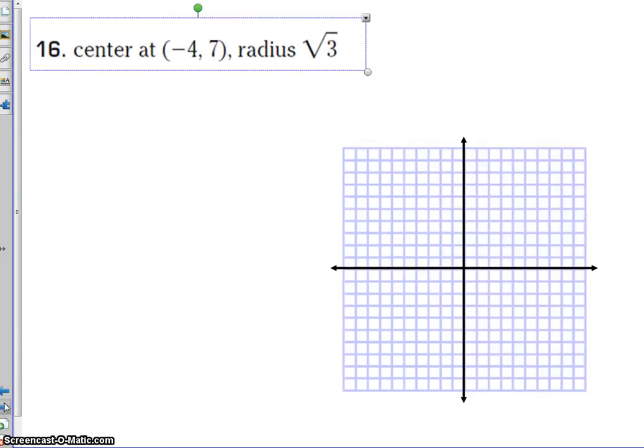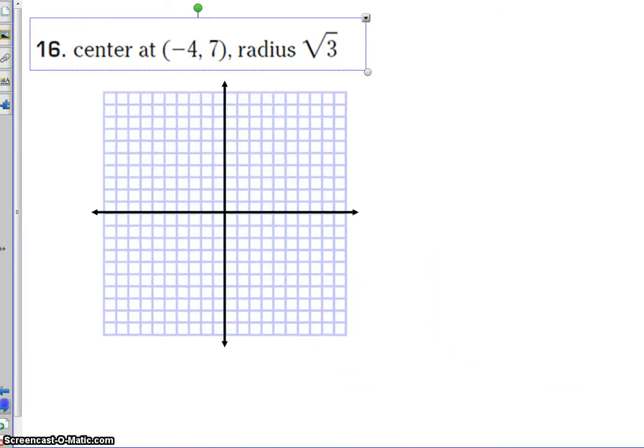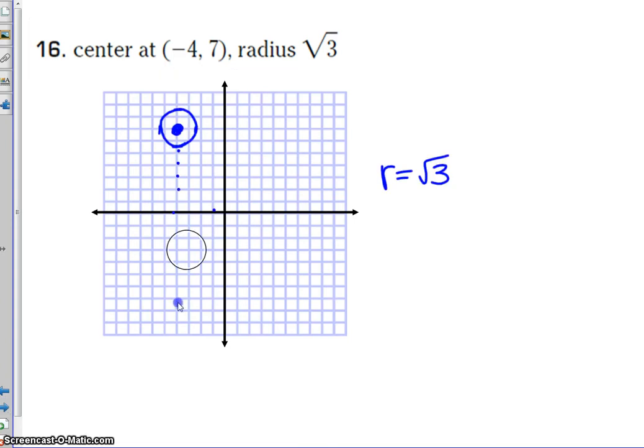Let's do another one. Let's do number 16. So now we have a center at -4, 1, 2, 3, 4. All right, so now what we're looking at is a center at -4, 7. And I had my center here, 1, 2, 3, 4, up, 1, 2, 3, 4, 5, 6, 7. All right.